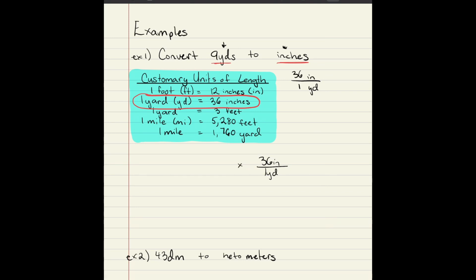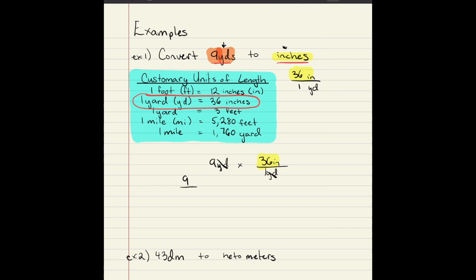And we're multiplying it by the number given. Here's what we're finding, because we're finding inches. And 9 is what we're given, 9 yards, so multiply that by 9 yards.